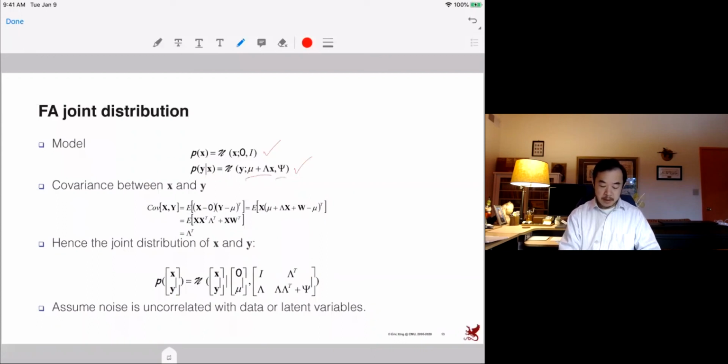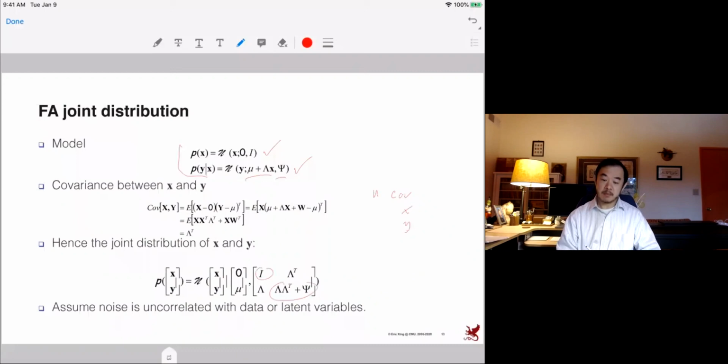And using these two equations, you can actually compute both the mean and the covariance of x and y marginally, so that you can fill in this and that, okay, as we did already in the previous slides.